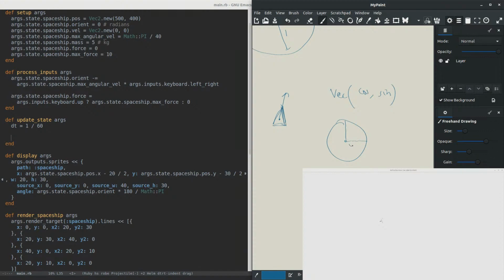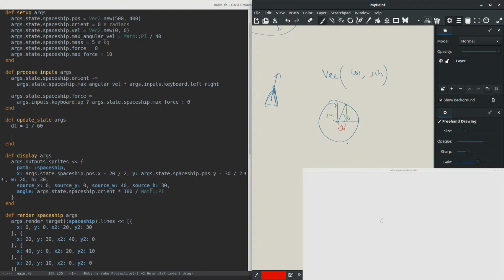So if we have some theta here, then the distance to here is our cosine, and this is our sine here, and this is our cosine, right?